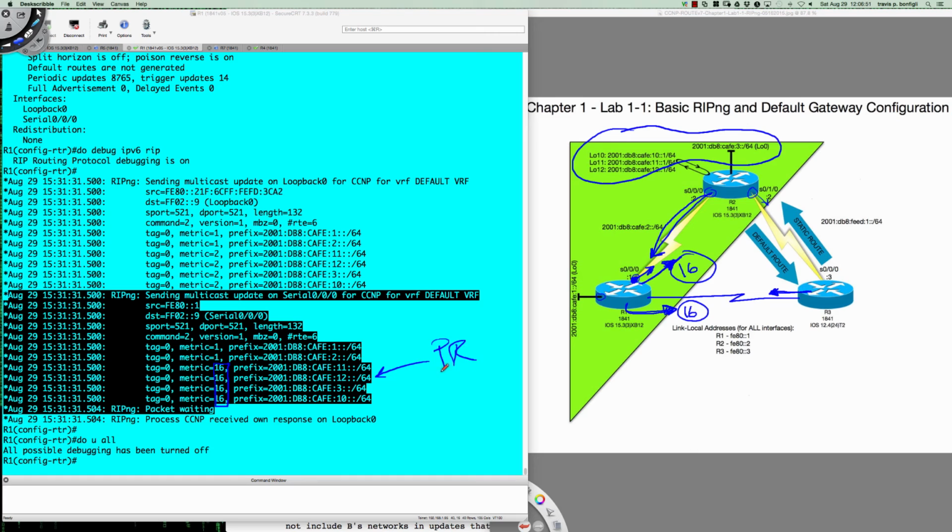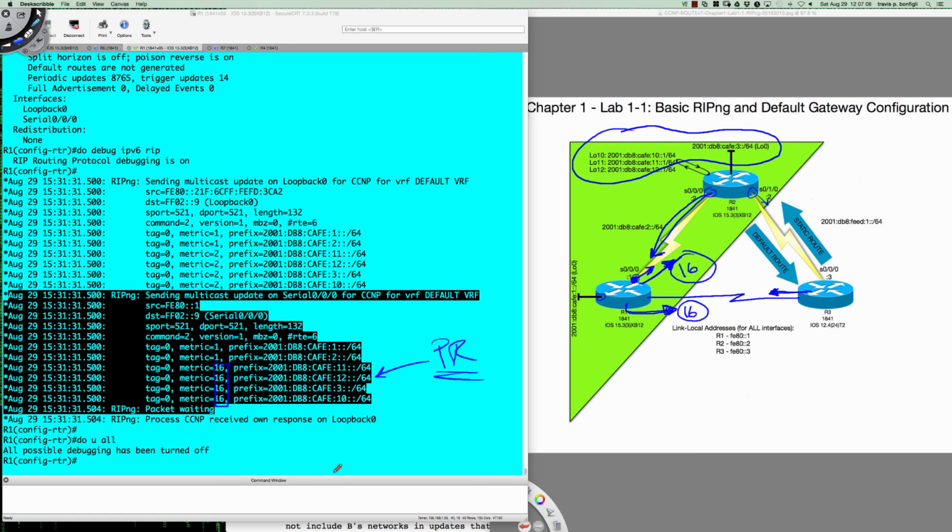You've got it. Poison reverse. Okay, so hopefully this has clarified the similarities and the differences and the reason why you would choose one over the other.